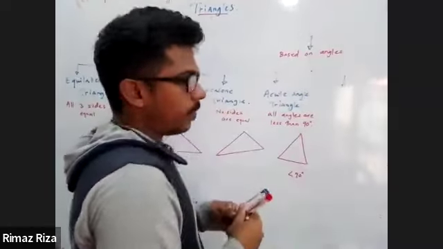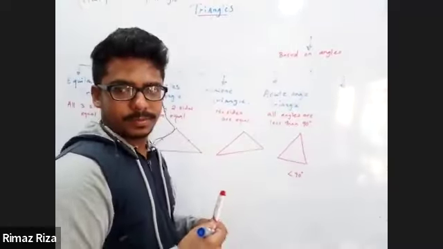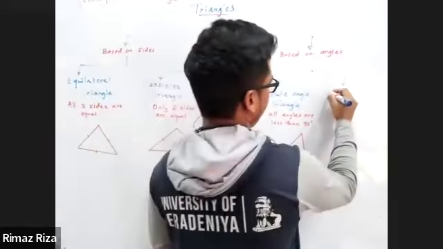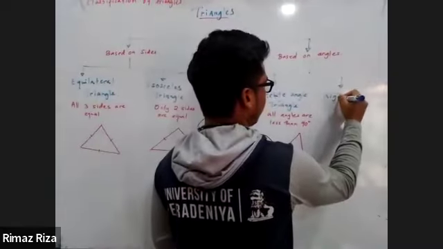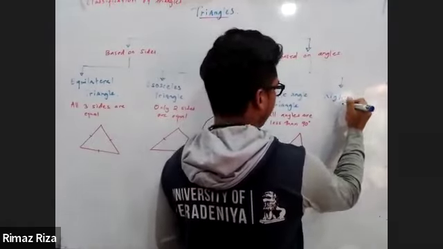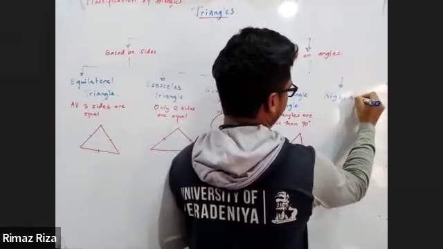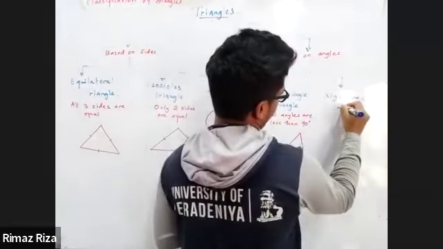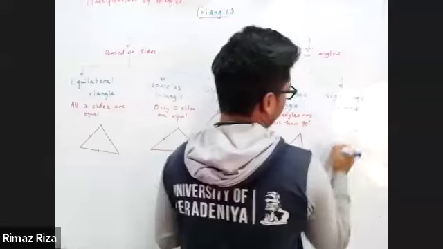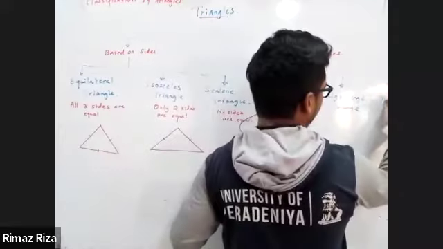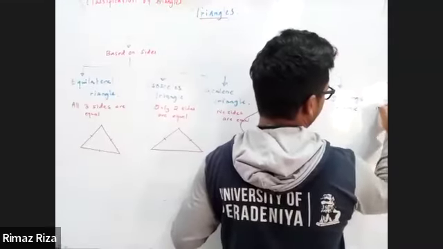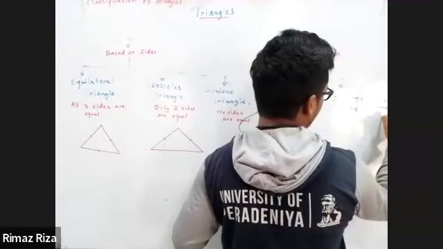And then the next type we have what? Obtuse angle. Yes. And the second one is right angle triangle. And then the third one, obtuse angle triangle.